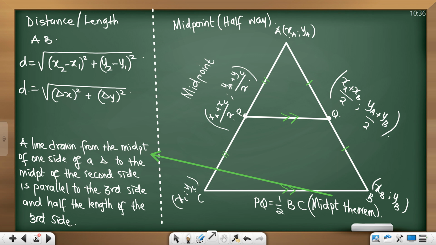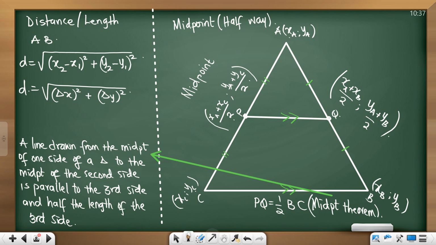Parallel to the third, and it is half the length of the third. Or they tell you a line from the midpoint of one side parallel to the second side will pass through the midpoint of the third.